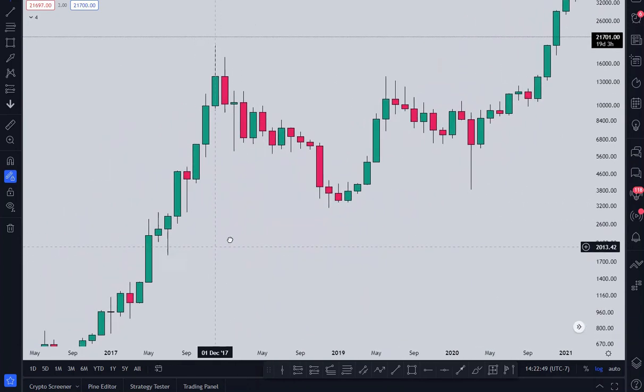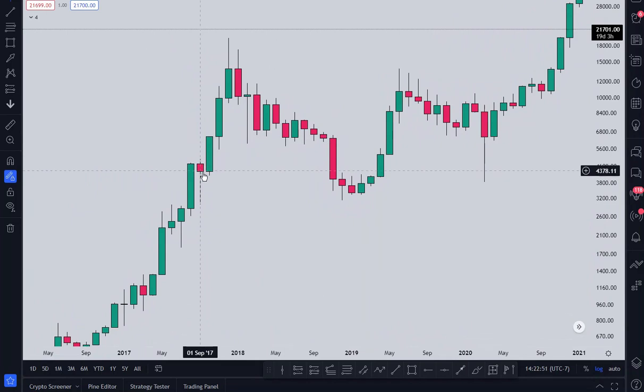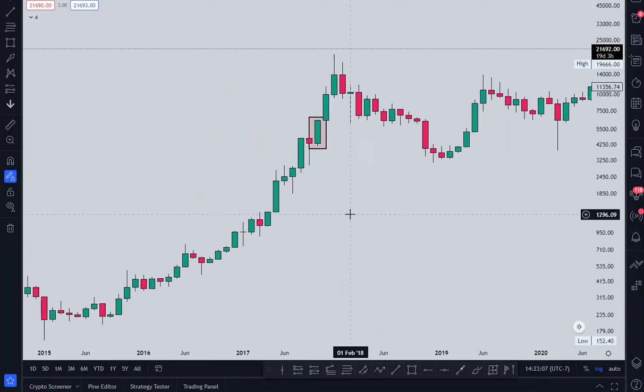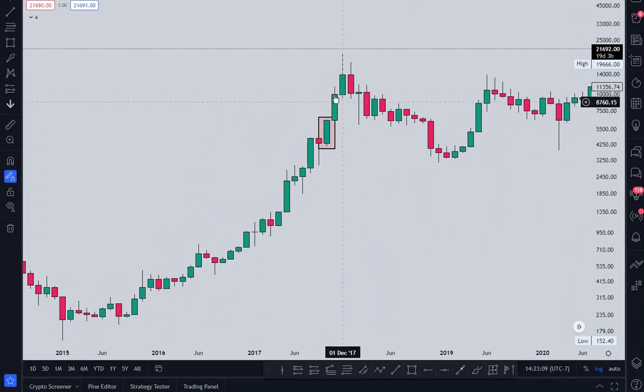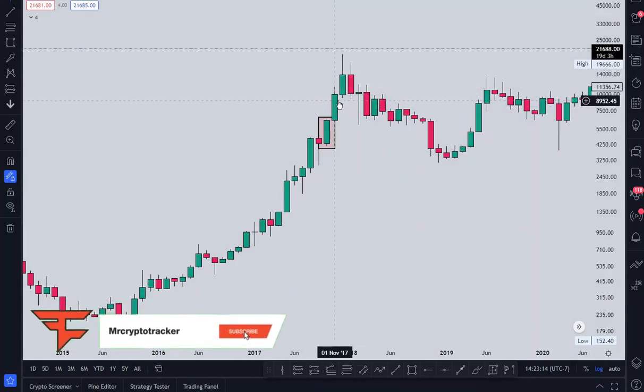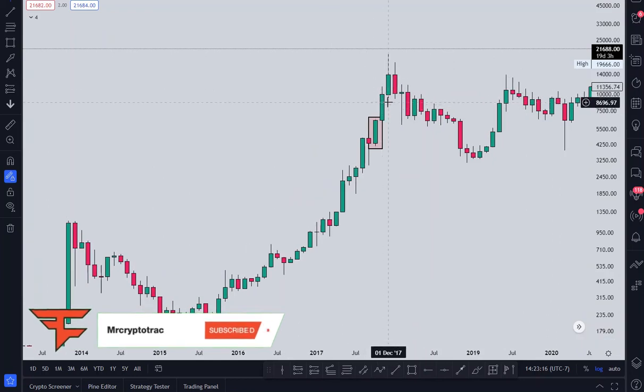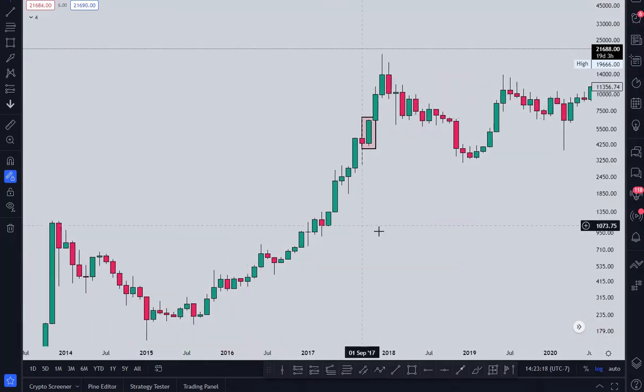So let's look for another one. This candle here can be another Marubozu, and also the next one. But in the next one, the upper shadow is a little bit longer than what we expect to see. But since we are in a major uptrend, we can consider these as a warning that the trend could be about to reverse.